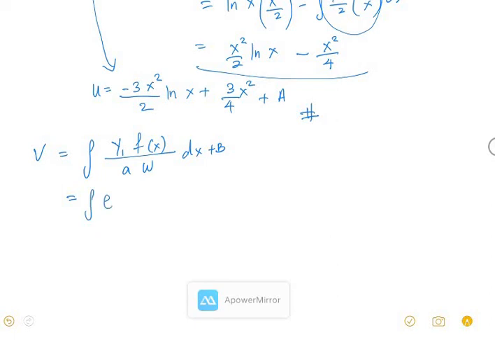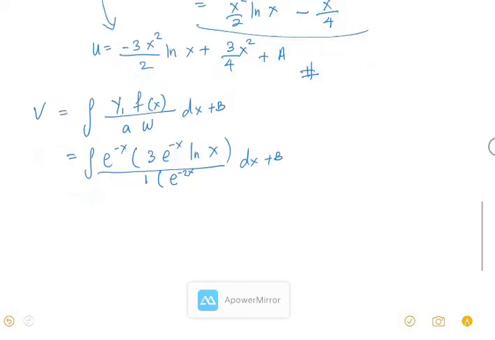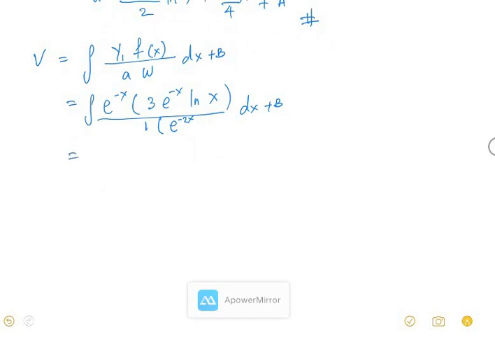Next, we would like to find the v. The formula of v is y1 f(x) divided by aW dx plus b.